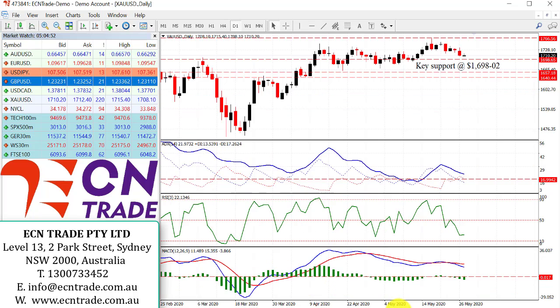Well, as I feared, the gold outlook has broken down overnight and still remains relatively weak, but the support level has been respected at 1,698 to 1,702. In light of the technical pattern, I am not ruling out at this stage further down tests, and therefore could see this level challenged.